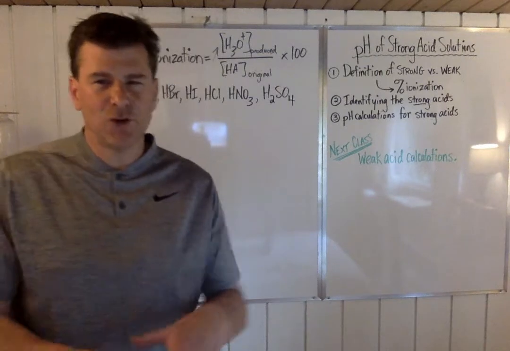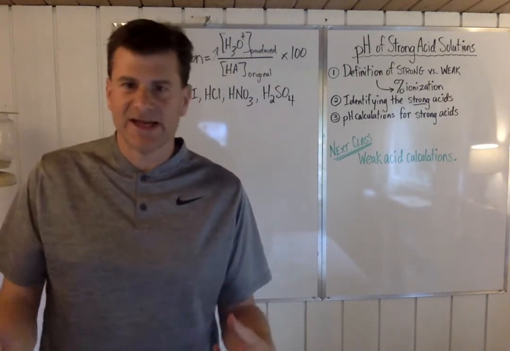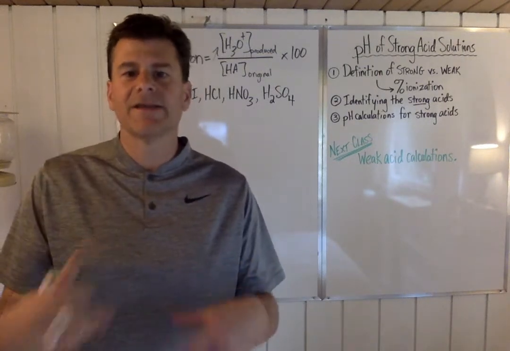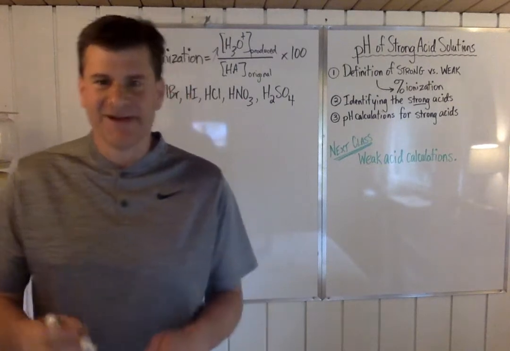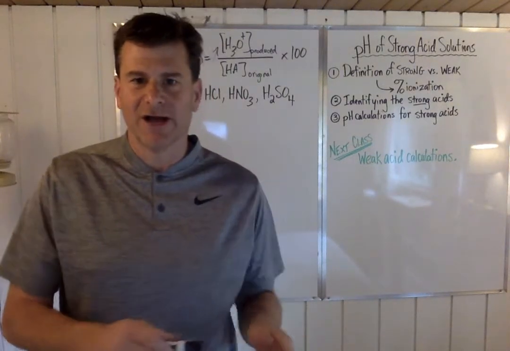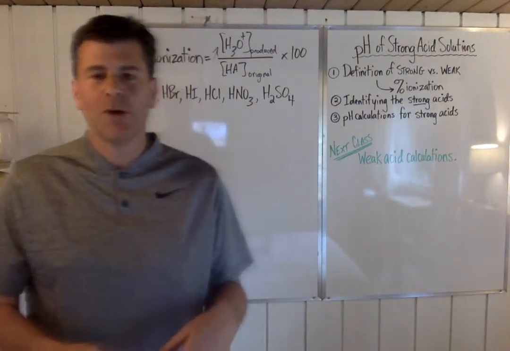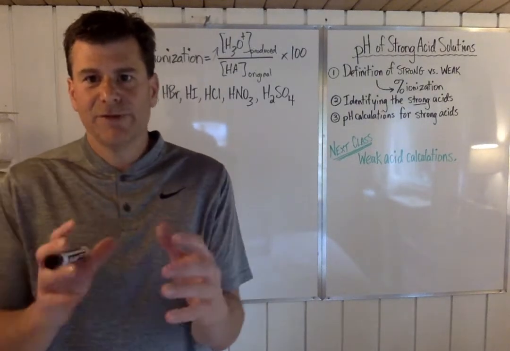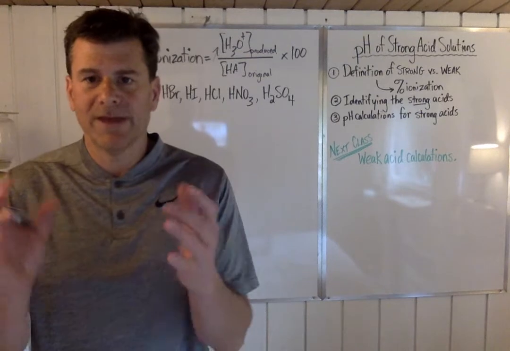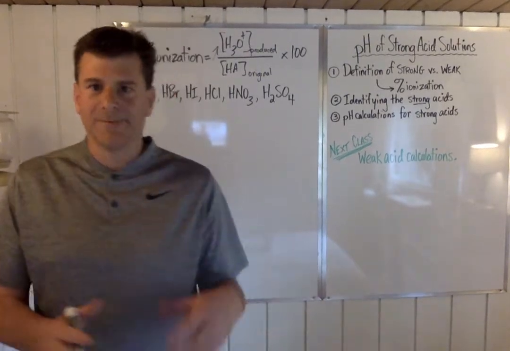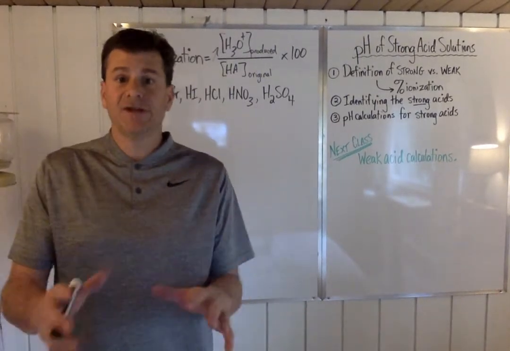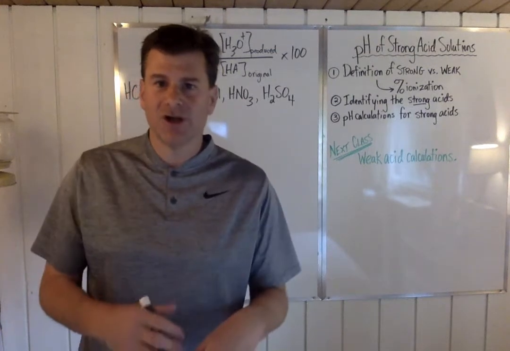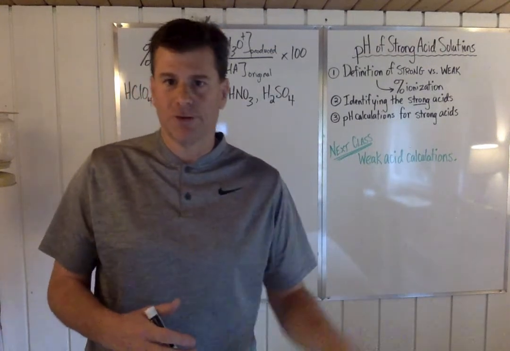It happens to have 2 H's, and it's kind of an interesting one because of that, and we'll get to that one later on. There'll be another lecture on polyprotic acids. So these are the 6 acids that get rid of their first hydrogen. If they've got more than one, they get rid of their first hydrogen 100%. You throw them in the water, every single molecule gets rid of its H onto water molecules and makes hydronium.